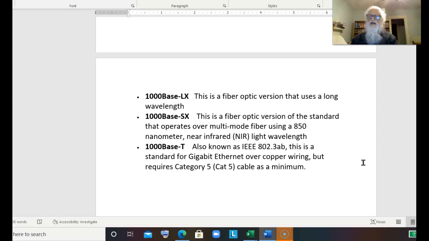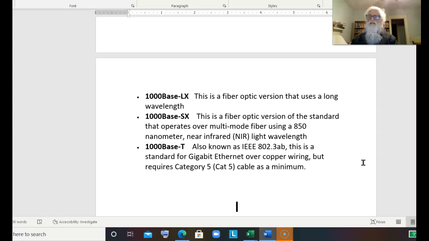Now they're working on more complicated 802s for WiMAX, the maximum wireless. You'll see 802.16 or 17.